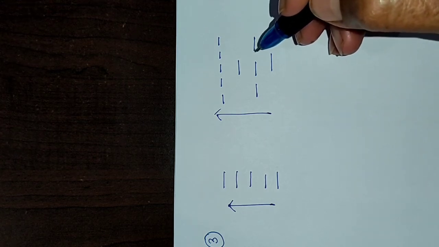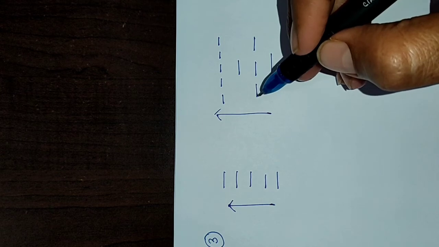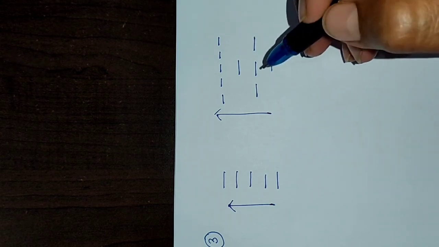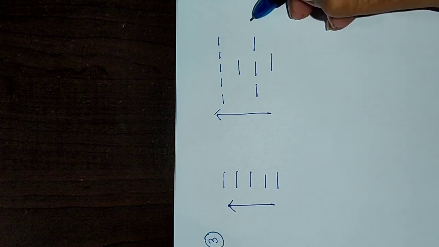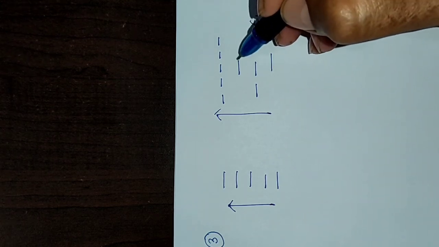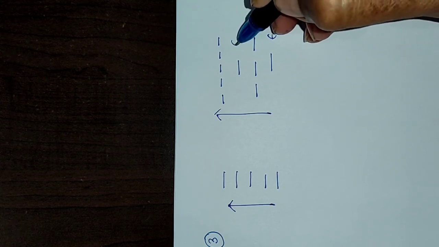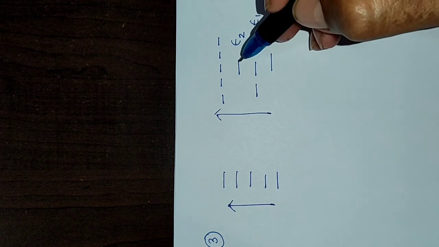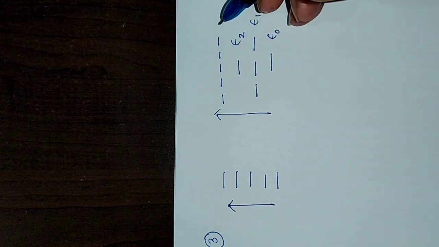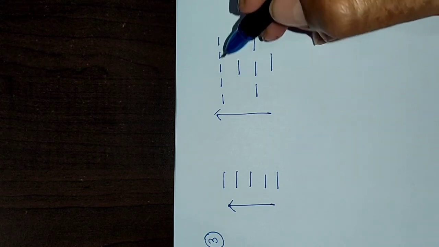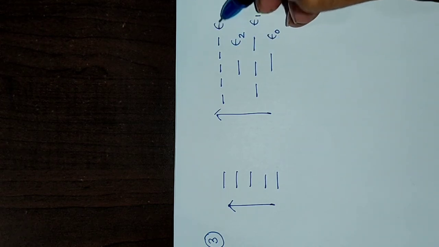The first excited level contains 3 states which are enjoying same energy, that is epsilon 1, while the ground state is epsilon 0. Again the second excited state is having only one state, so its level of degeneracy is 1, and for the third excited state we have 5 states, different states having same energy.